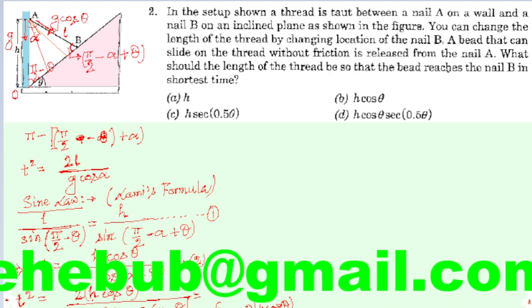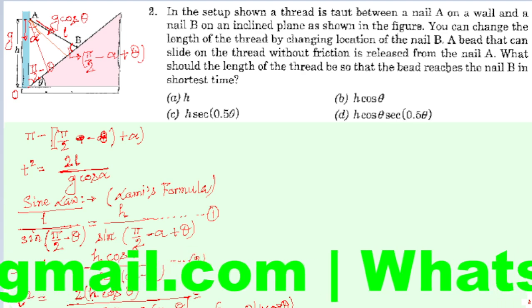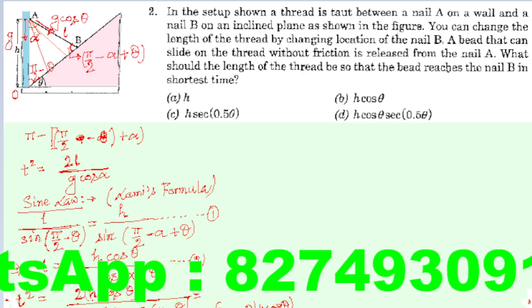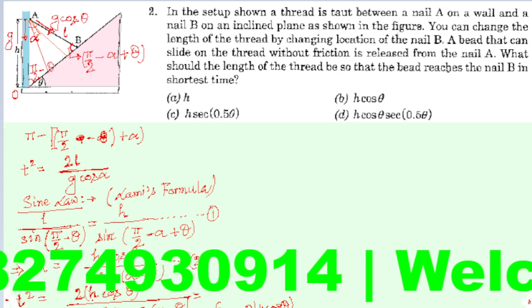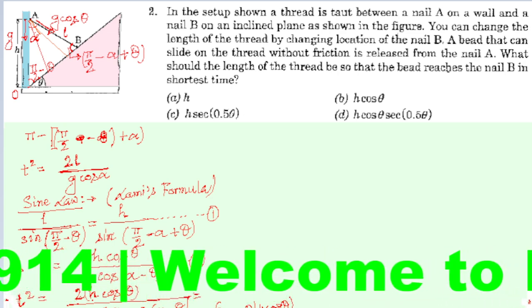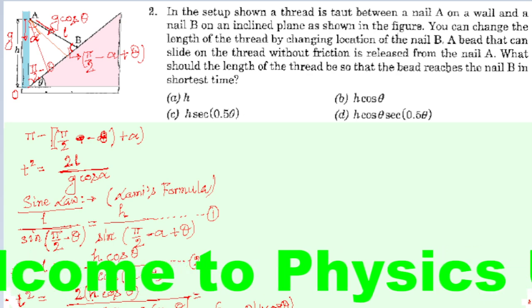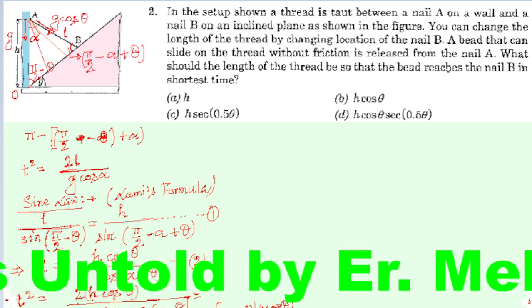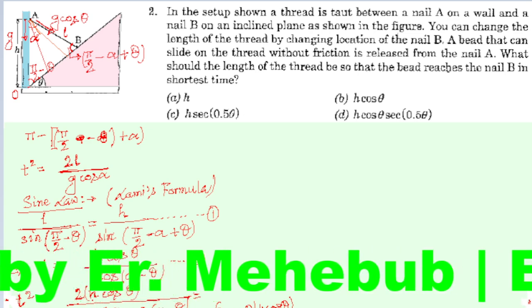Therefore this equation for T square is proportional to 1 divided by cos of 2 alpha minus theta plus cos theta.